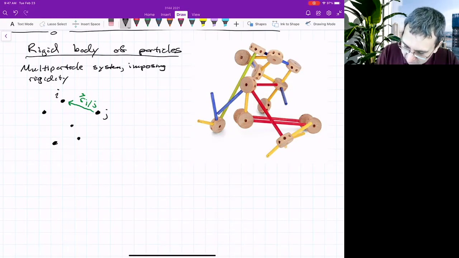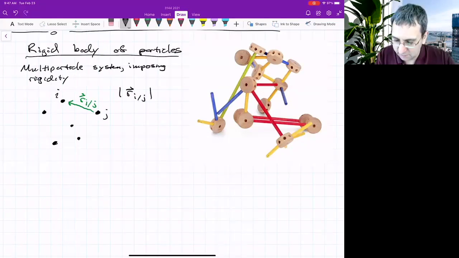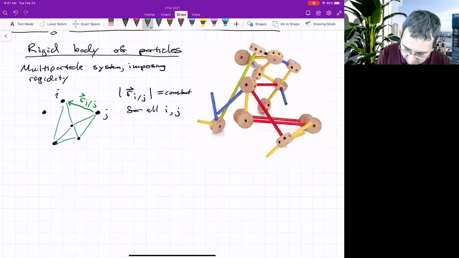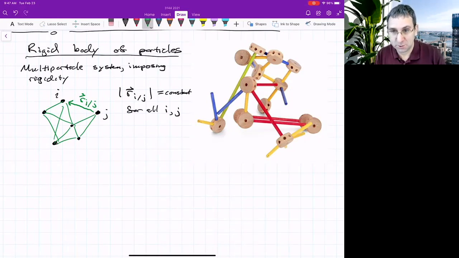So we're saying that the magnitude of that vector is constant for all I and J. So I and J label the particles. So this is true for any pair of particles. So you could basically just imagine there's this rigid attachment between any pair of particles. And so you get the same picture as we get from these toys.